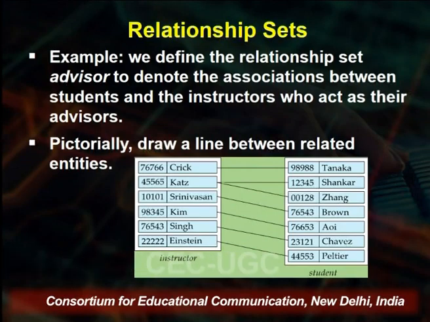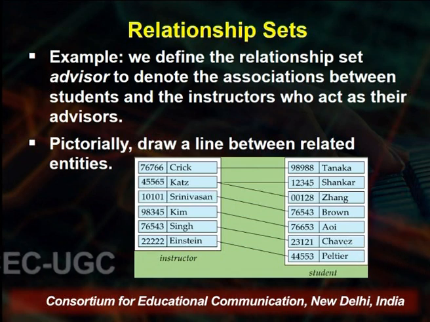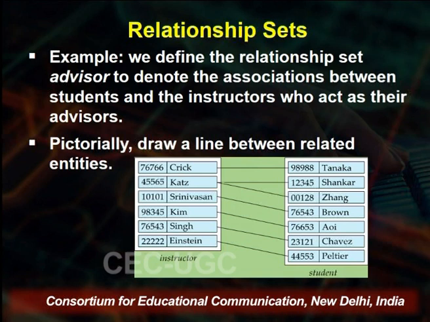Here we have a table or an entity, instructor, and another table or entity is the student. The attributes are the ID and the name of the instructor, and similarly for the student, the student ID and the name of the student.